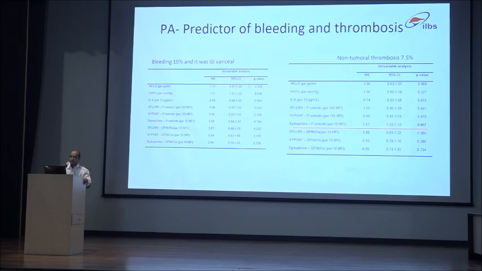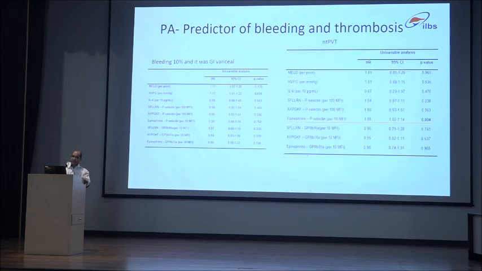Similarly, non-tumoral thrombosis appeared in 7 patients, and most of them were portal vein thrombosis, and they found that epinephrine-induced P-selectin can help in predicting the development of PVT. This is non-tumoral overall. Most of them were PVT, so similar results are there.